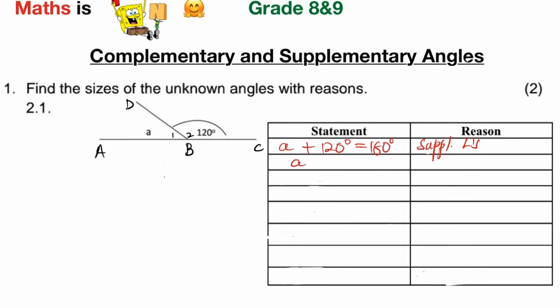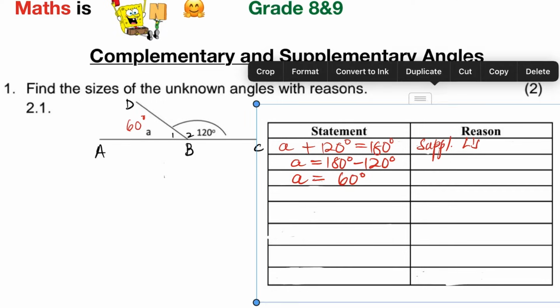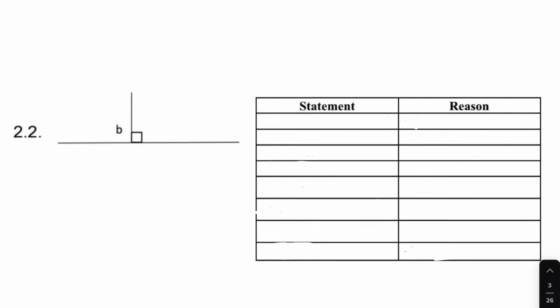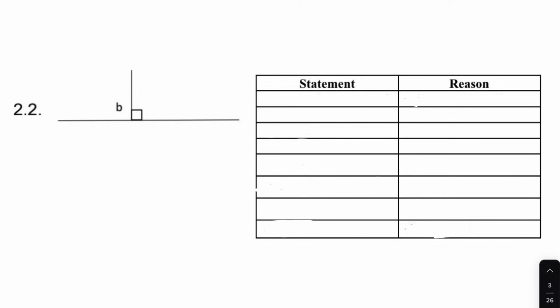We can say A equal to, we'll transpose the 120, 180 degrees minus 120. So A is equal to 180 minus 120, which is 60 degrees. So this angle is 60 degrees, right?